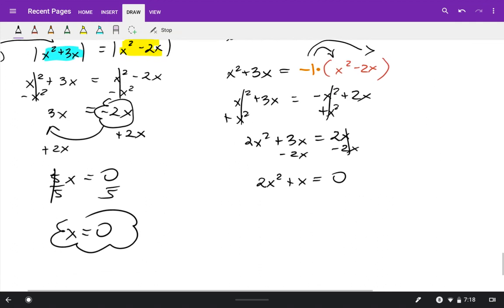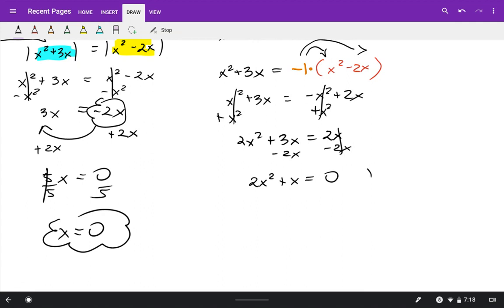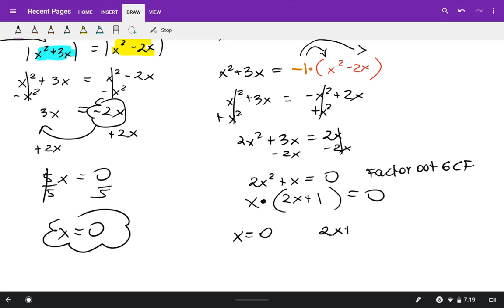To solve this quadratic equation, factor the greatest common factor. GCF stands for greatest common factor. The greatest common factor will be x. So you factor it out, and that will give you x times 2x plus 1 equals 0. Now you're going to solve two equations: x equals 0, and the second one, 2x plus 1 equals 0, which is x equal -1/2.